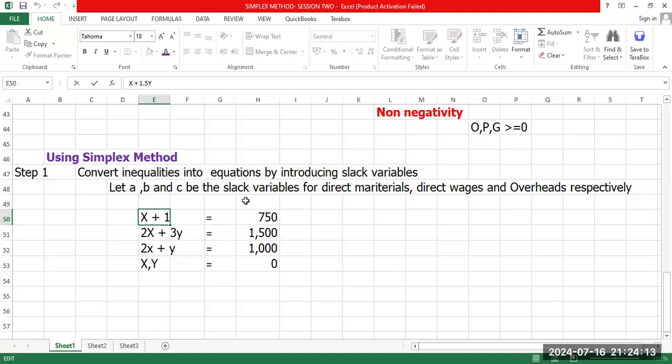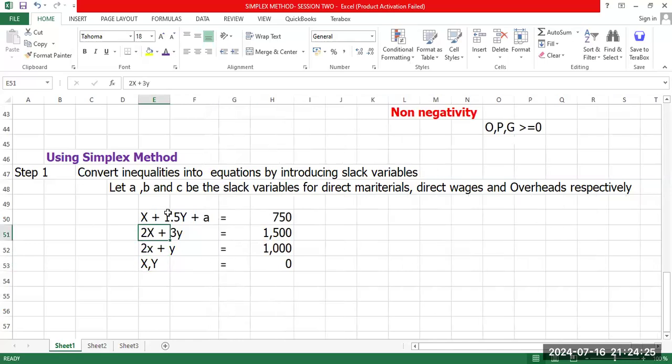Remember, slack variable for direct wage is A, so I will add here A. Then here, I will add B. Then this one I will add C. This one is not supposed to be there.